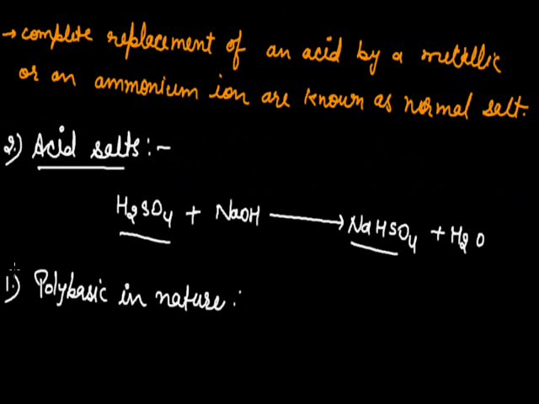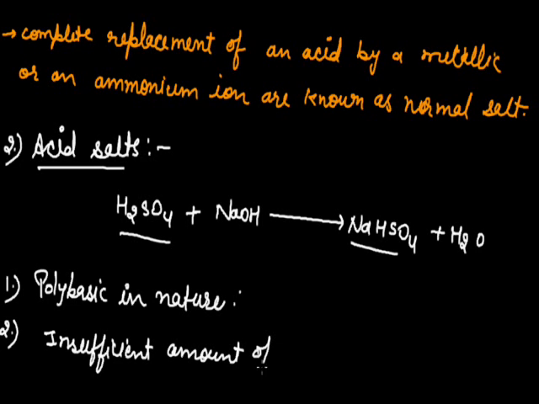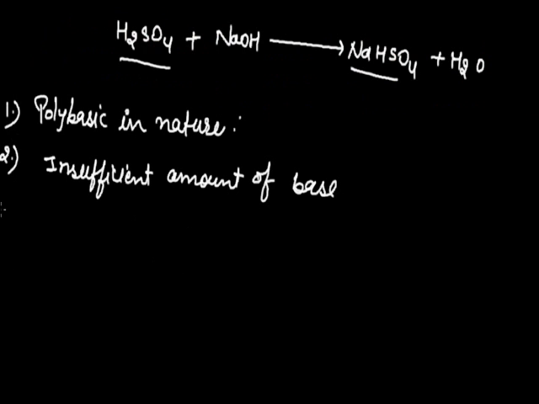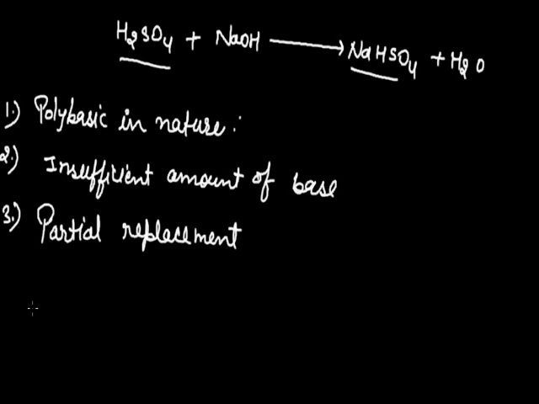And the second necessary condition is that the base is present in insufficient amount. And third condition is partial replacement. So if we have all three conditions, then we can form an acidic salt.